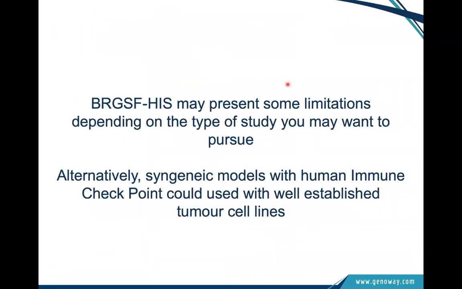Okay, so this type of model works well. However, they have a major limitation: they do not capture the proper interaction between the immune system and stroma, because the crosstalk between these two compartments may not be fully functional.